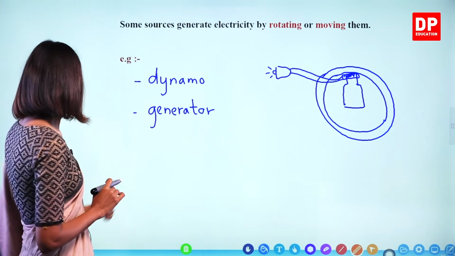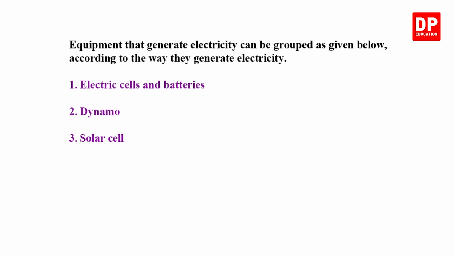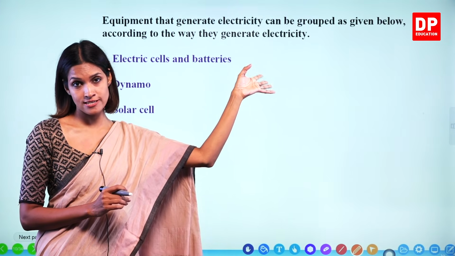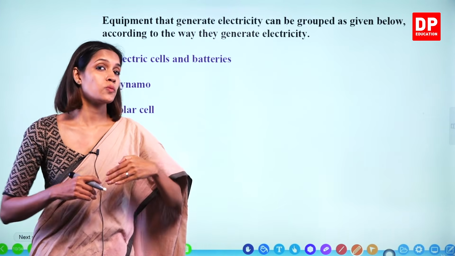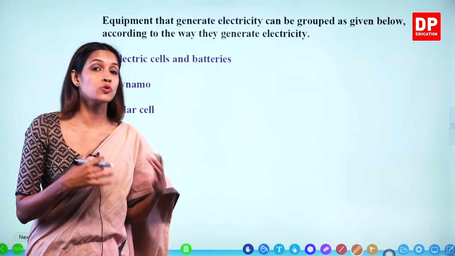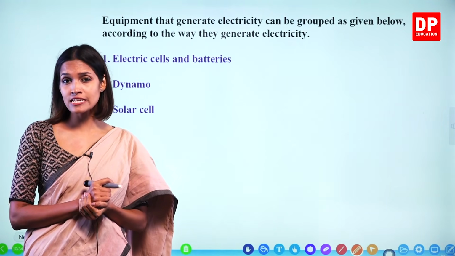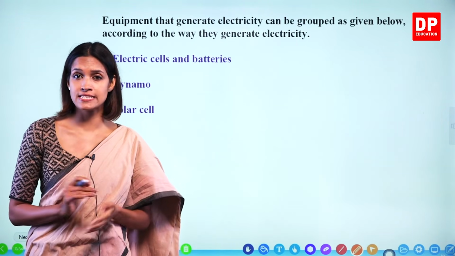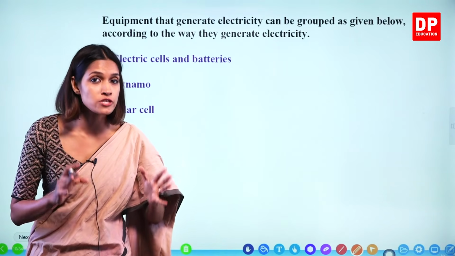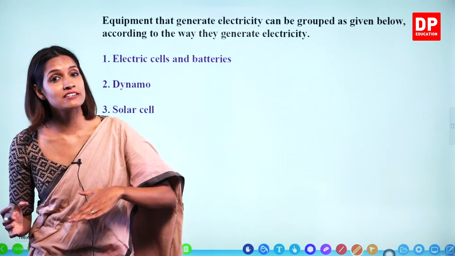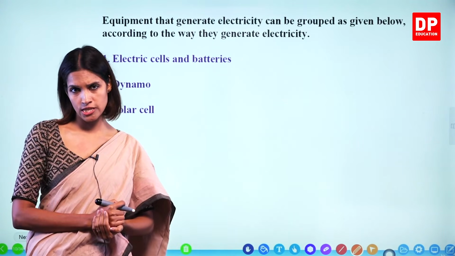Okay? Right. So, equipment that generate electricity can be grouped as given below according to the way they generate electricity. So, what is the name given to these things? Equipment that generate electricity are known as sources of electricity. And I explained that sources of electricity generate electricity in different ways.